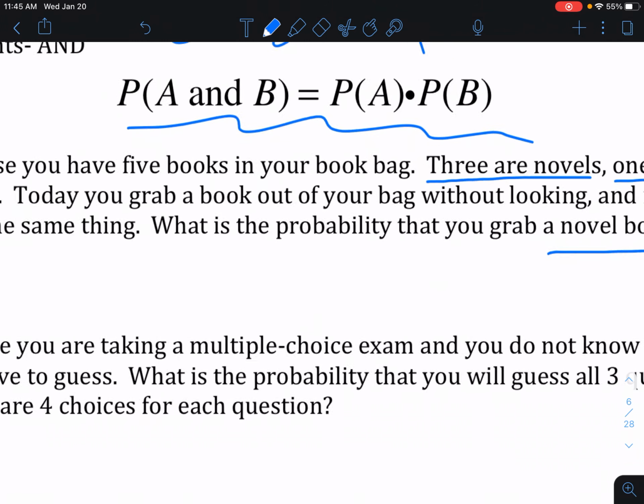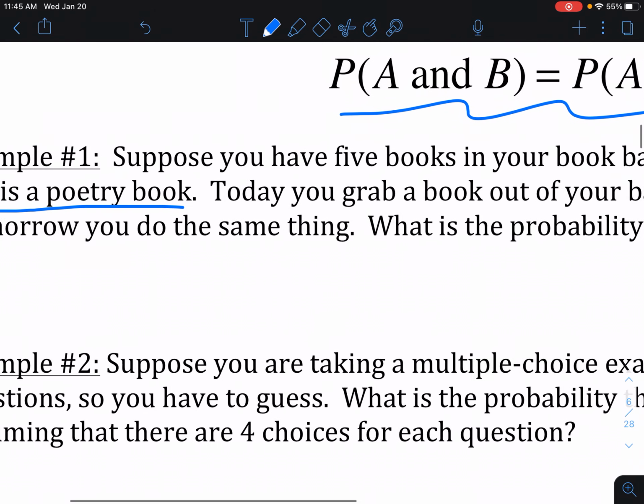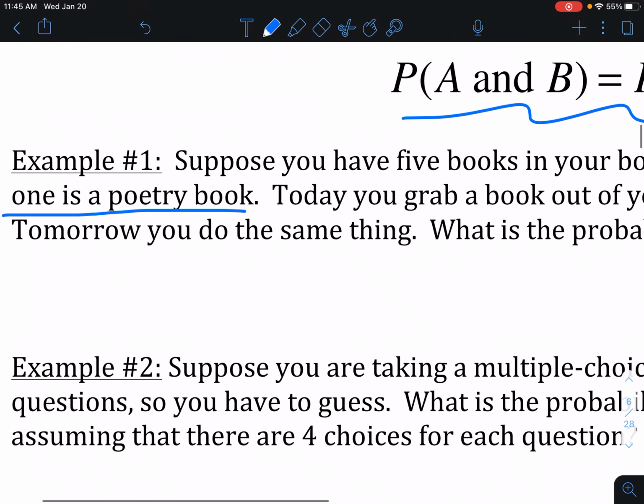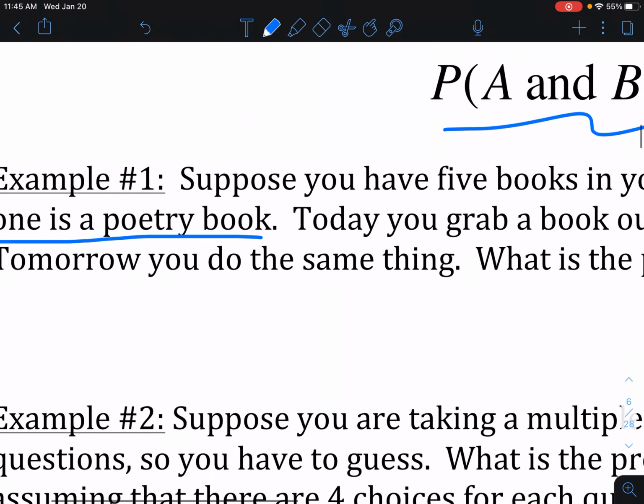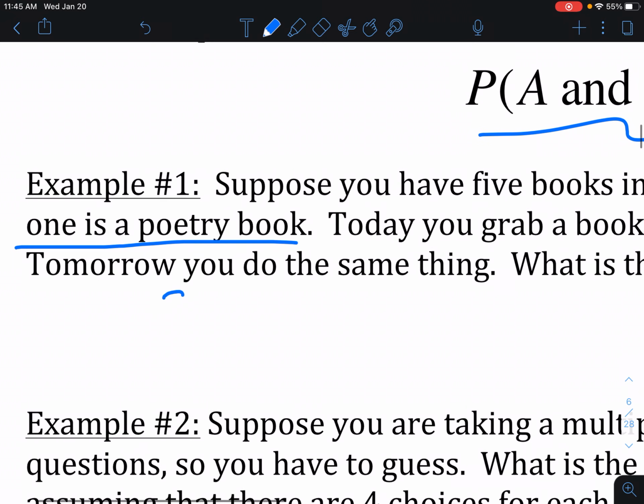So 2 days means we're going to have 2 fractions and we're going to multiply them together. There are 5 books total. We want to do novel, then novel. The probability of getting a novel is 3 novels out of 5 books total. Then you put it back, and the second day you do the same exact thing.